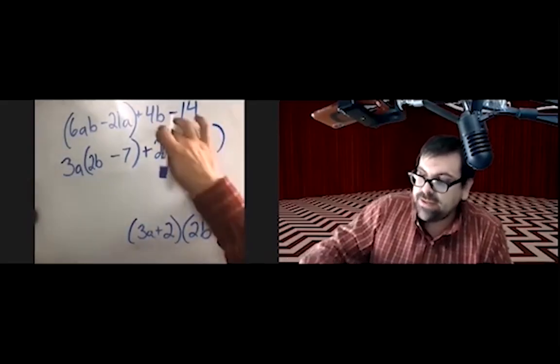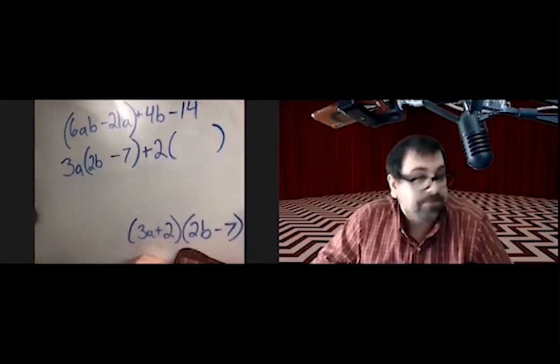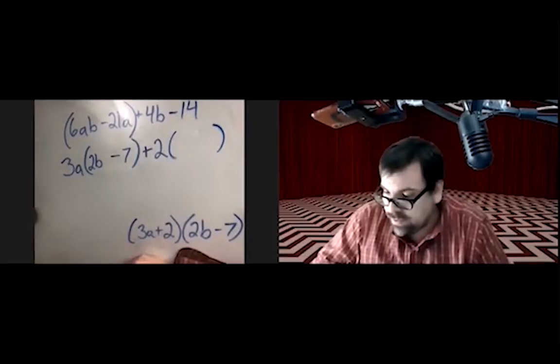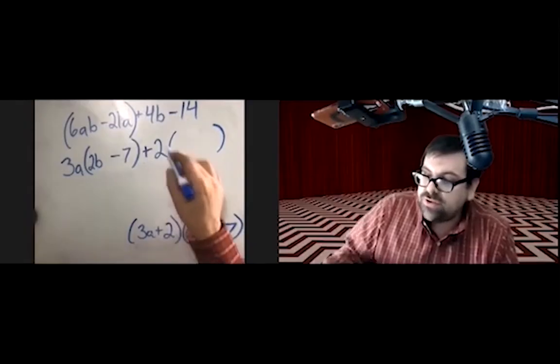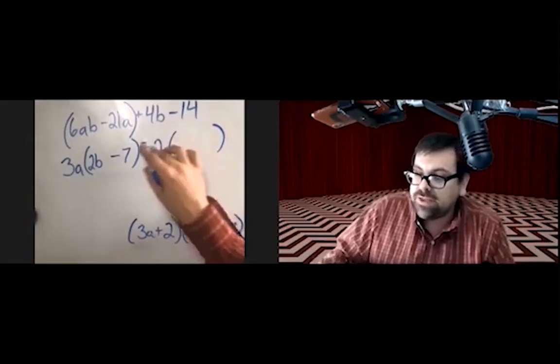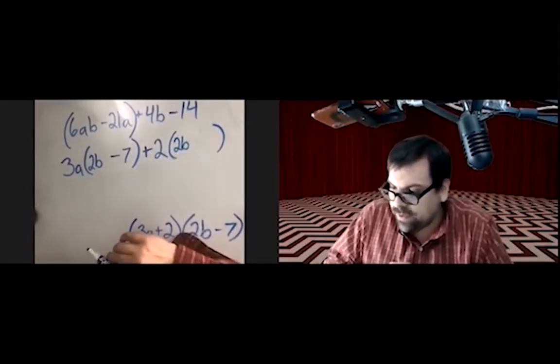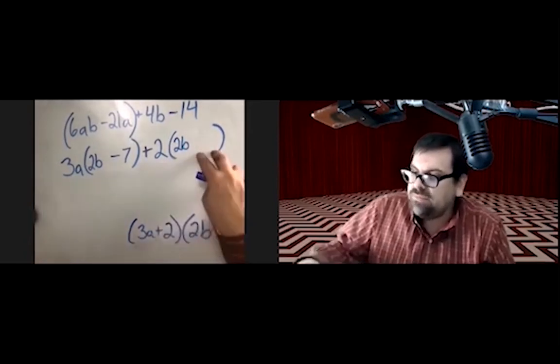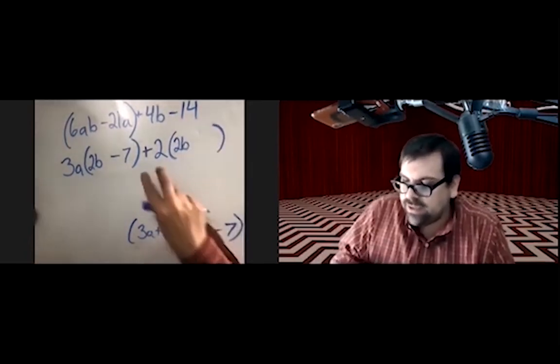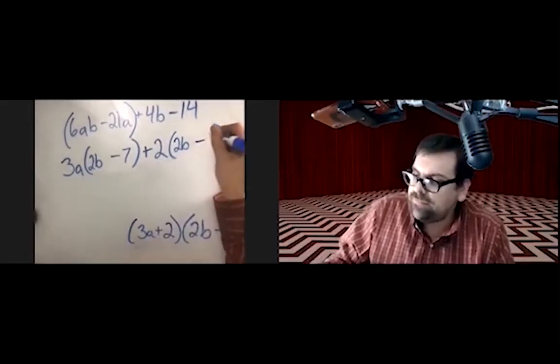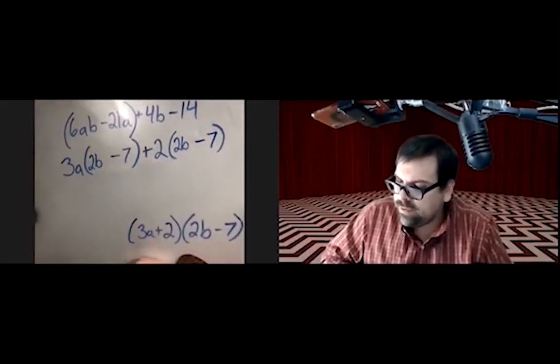Can't take out any b's because they both don't have b's. Now here, positive 2 times what is positive 4b? Positive 2 times 2b. Positive 2 times what is negative 14? Positive 2 times negative 7.